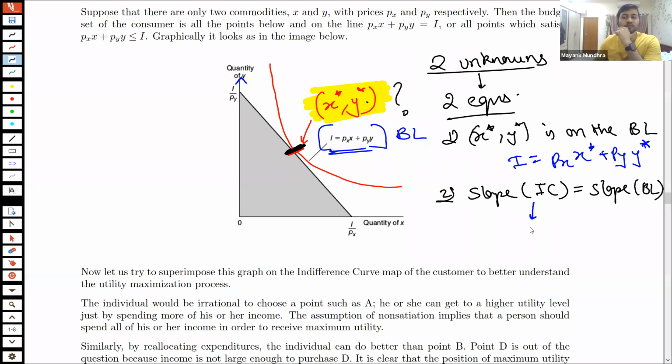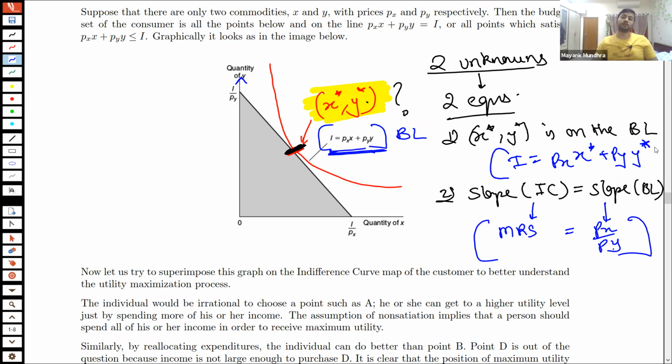We know that the slope of IC is nothing but negative of MRS, and the slope of the budget line, since this is the equation of the budget line, is minus Px upon Py. Then you can cancel the negatives and what you get is MRS equals the price ratio. So these are the two equations. This is the equation of the budget line. This is the equation of MRS equals the price ratio. And these two equations together give me X star Y star.